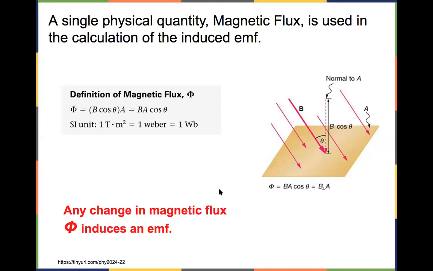If there's any change in magnetic flux, there will be an induced EMF. So there will be an induced voltage in the loop, and the induced voltage is responsible for the current.